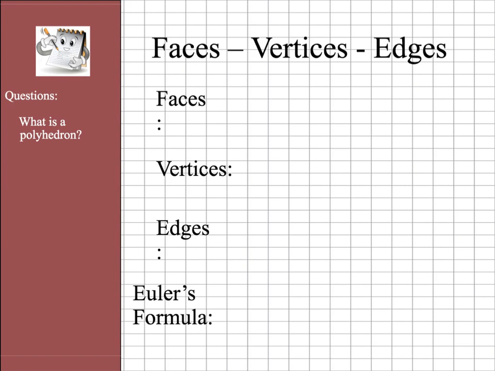So now let's look at something else. We want to look at the difference between faces, vertices, and edges. The way we define a face, a face is a flat surface of a polyhedron. Okay?